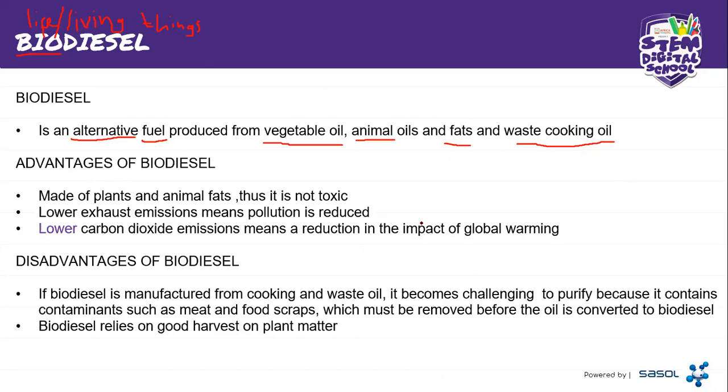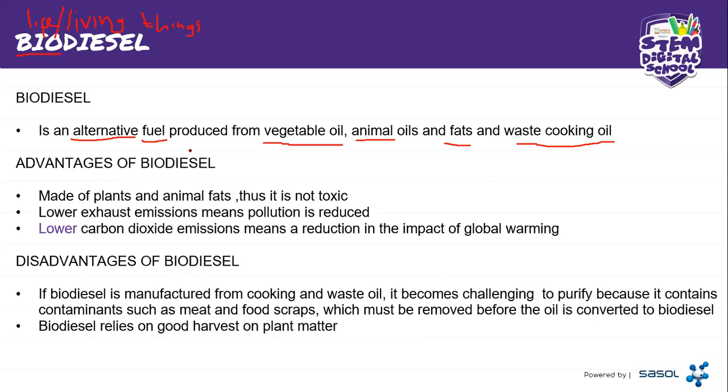And obviously, with all these vegetable oils and animal fats and waste cooking oil, a process of purification must be there so that this biodiesel is efficient and it can work altogether.